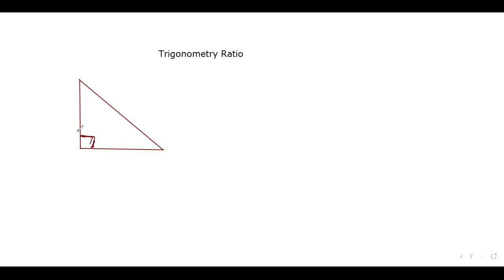Okay. Looking at the diagram I've drawn, what type of triangle is this? Can somebody hear me? What type of triangle is this? Right angle. Somebody is talking, but I can't hear anything.